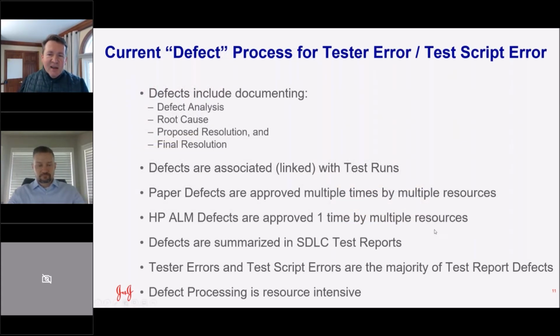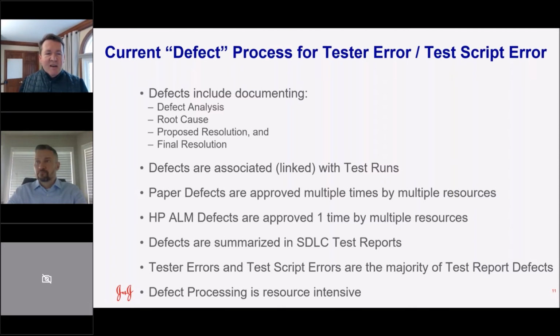So one thing to understand is, and I asked the question earlier, are all defects created equal? In some ways we were treating defects all the same. They were all created equal and went through the same process all the time.